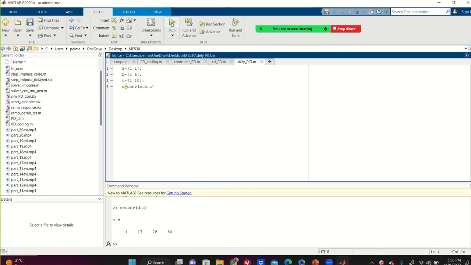Okay, if I run it properly, yeah, because it says 2 vectors, and the coefficients are going to be conv of C and D. So it's going to be s cube, s square, s1, s naught.